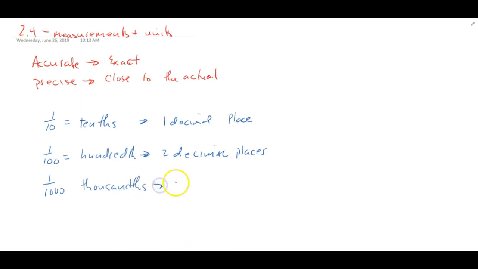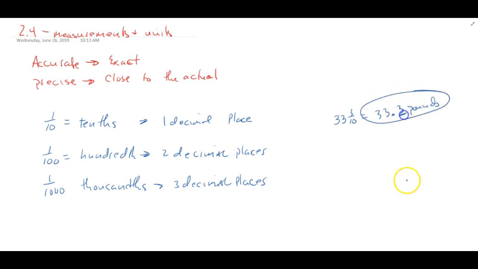We know that is 3 decimal places. Okay, so with all of this, right, we measure to each of these. So if I said, Johnny weighs 33 3/10 of a pound, right? That means 33 3/10 would be 33.3 pounds. Okay, so when we say a tenth of a pound, we mean one decimal value.